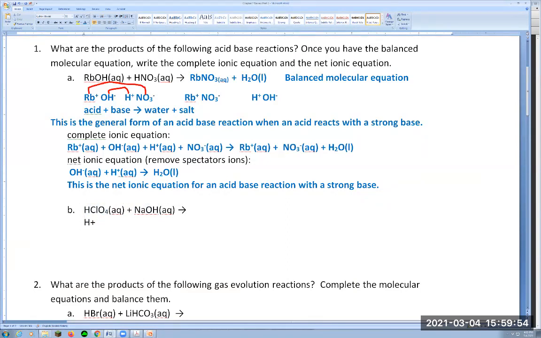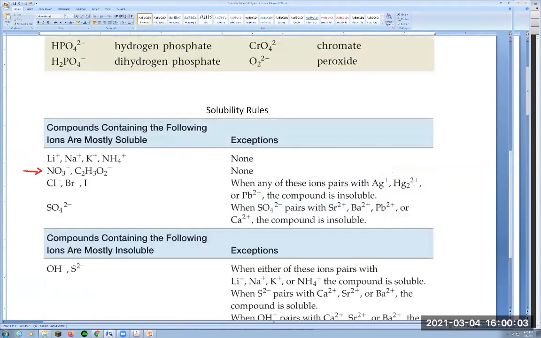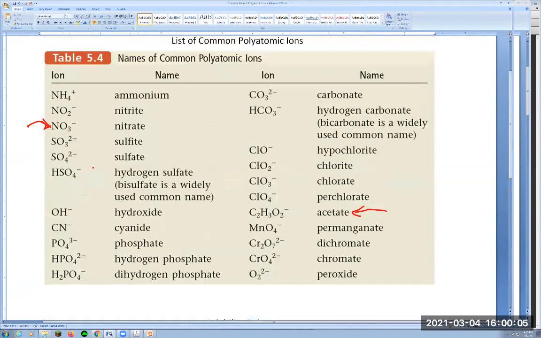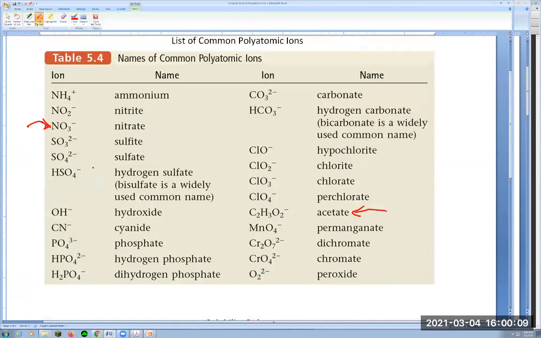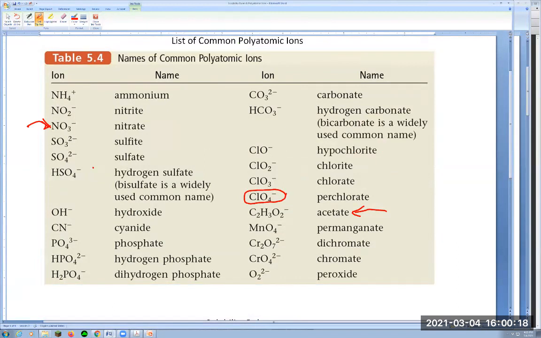It's a ClO4. And if you look at the list of polyatomic ions, so let's find this. If you look at the list of polyatomic ions, where is ClO4? It's just above the acetate. ClO4 is here, and that's called the perchlorate.